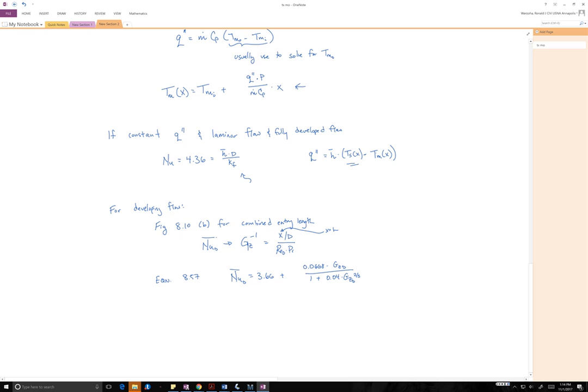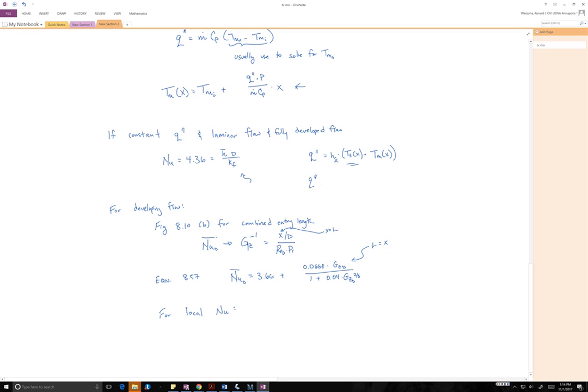Okay? Again, we're going to use L in place of x. If you want local Nusselt numbers for either case, which could be true, so instead of solving for maybe an average surface temperature and an average mean temperature and using h, I should have specified before that this was a local convection coefficient.